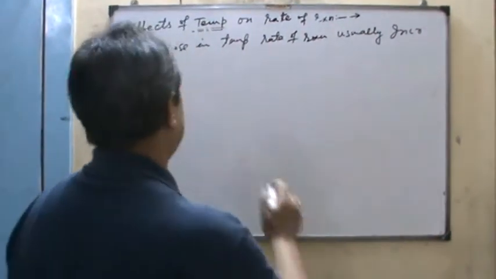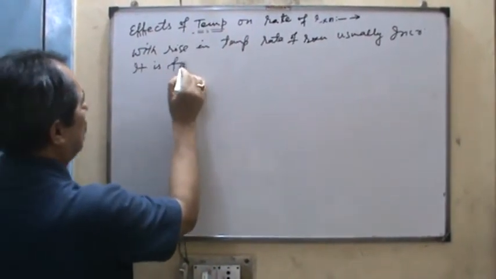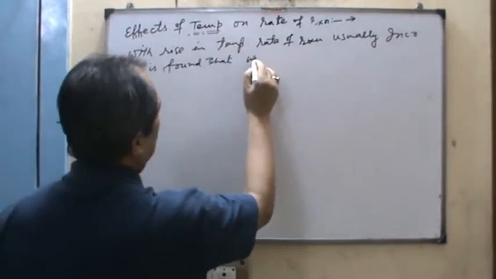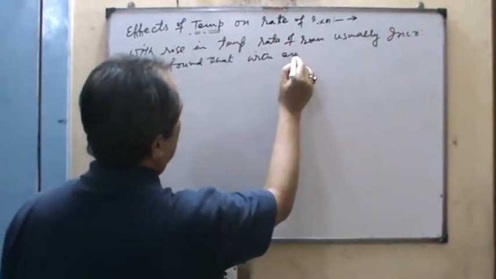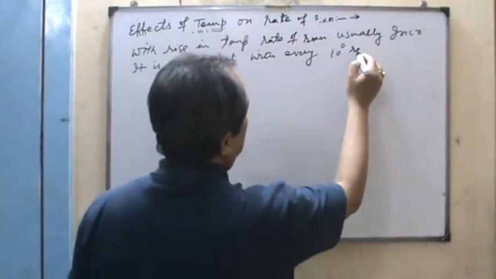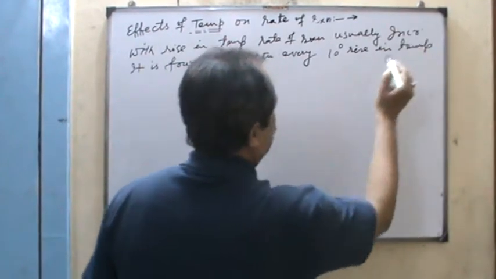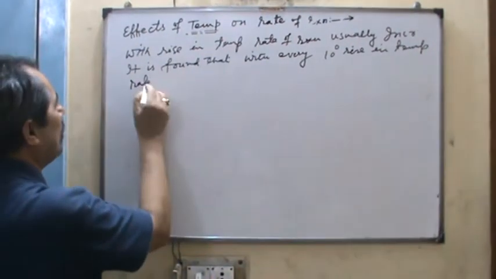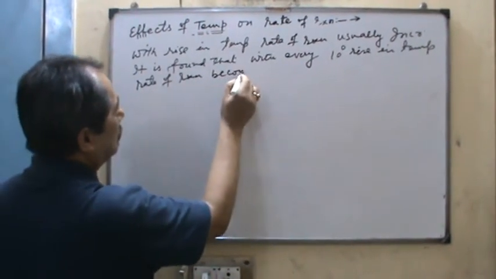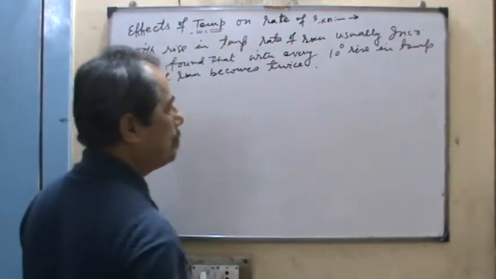It is found that with every 10-degree rise in temperature, rate of reaction becomes twice or even sometimes thrice.